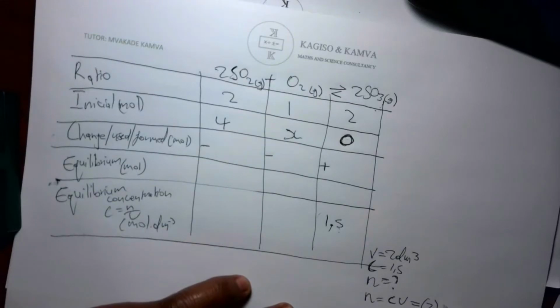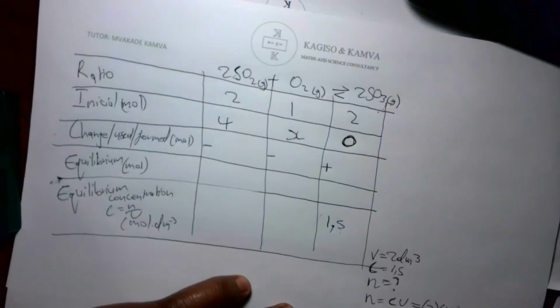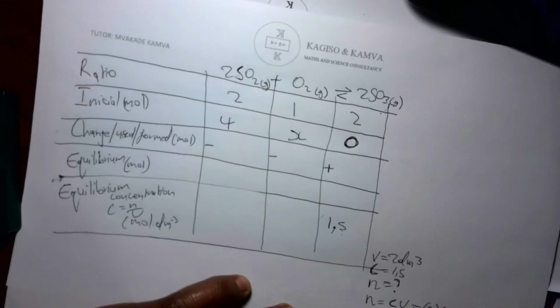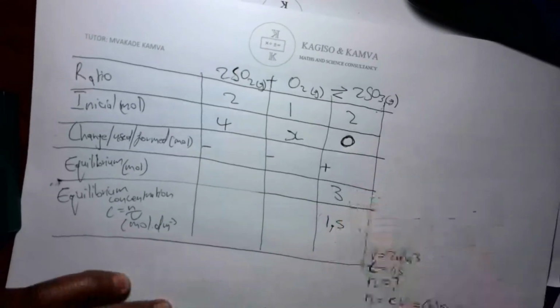Okay, I just swapped the values: 1,5 is for concentration and 2 is for volume. So this is going to be equal to 3 mole.